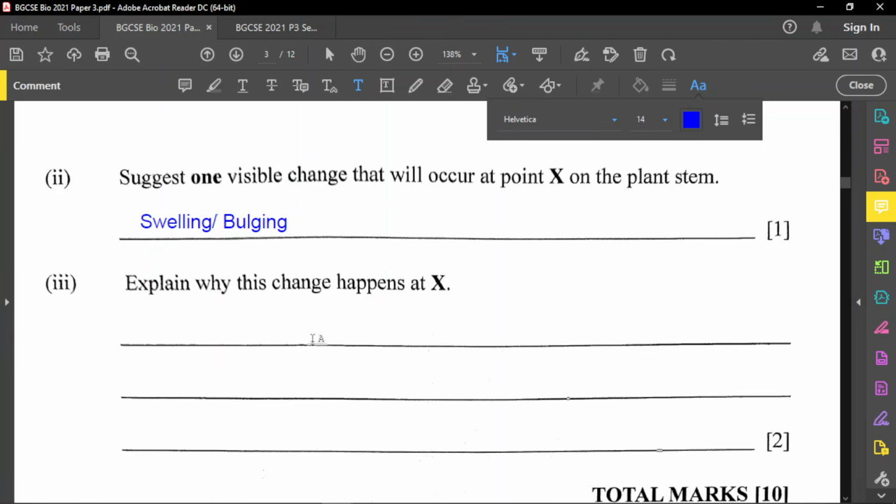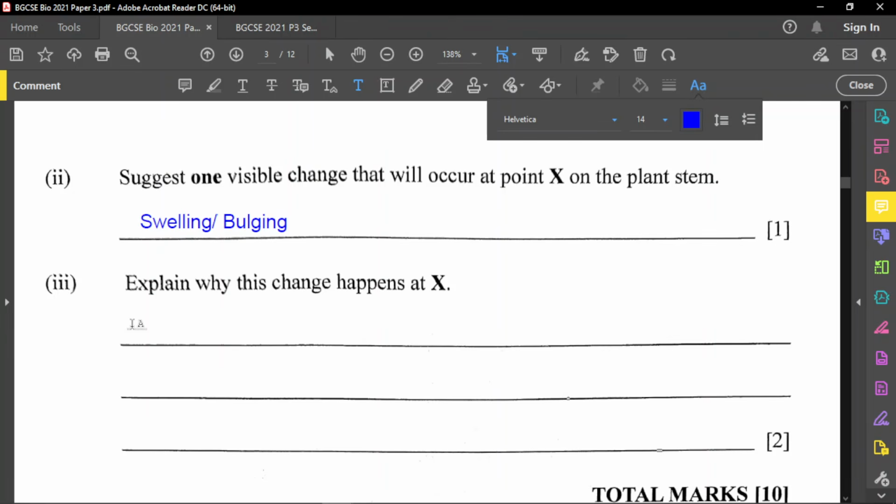All right, so let's explain why this change happens at X. Why will bulging take place? Why will it become swollen? Here you're going to say the descending food that is coming from the leaves.